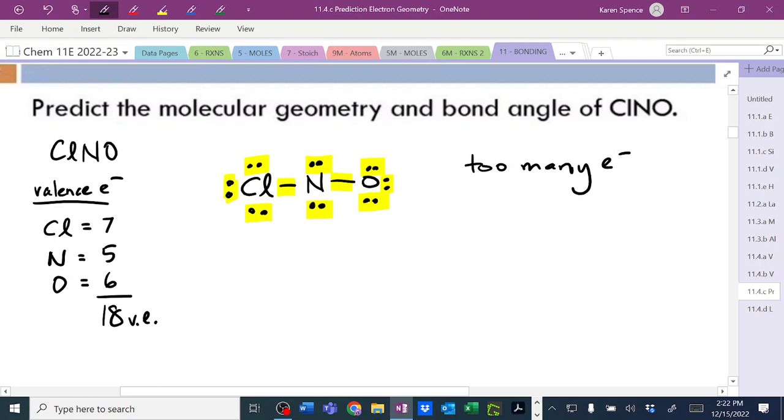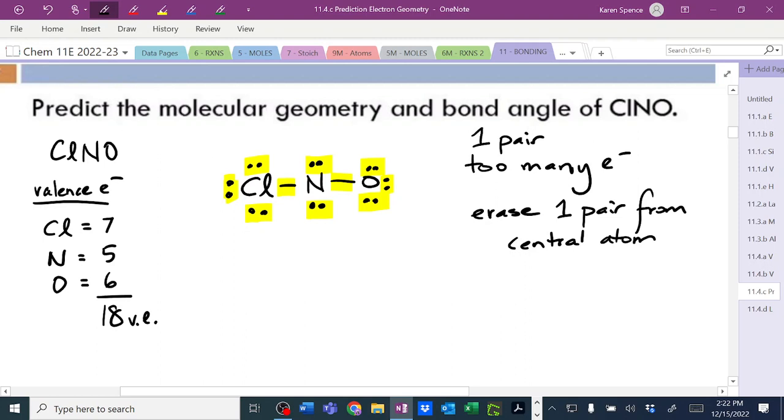So I have to erase. How many do I have too many? I have 2 electrons too many, so that's 1 pair too many. So we're going to erase 1 pair from the central atom. When we have 1 pair too many and we erase 1 pair from the central atom, what we need to do is take 1 lone pair and turn it into 1 multiple bond.